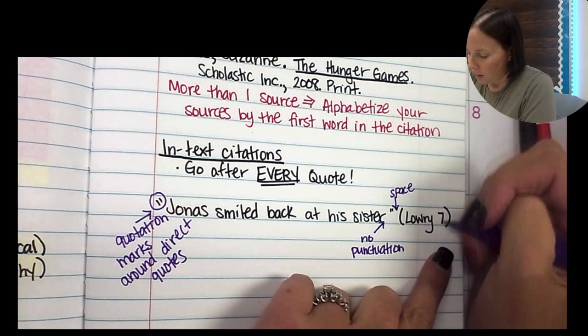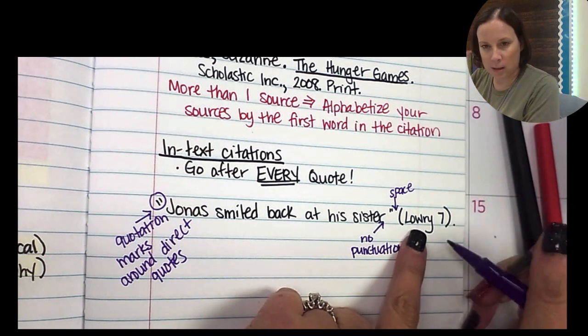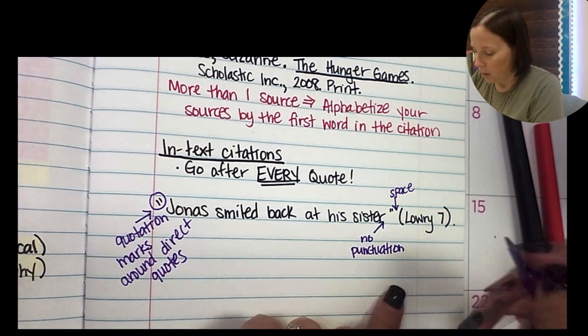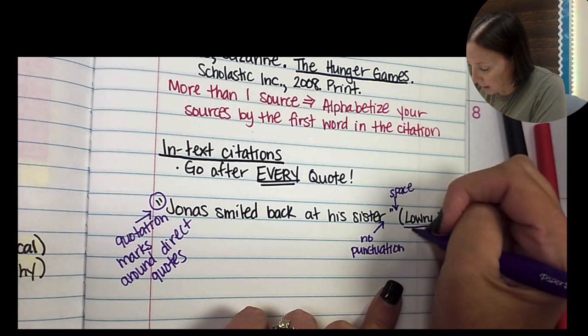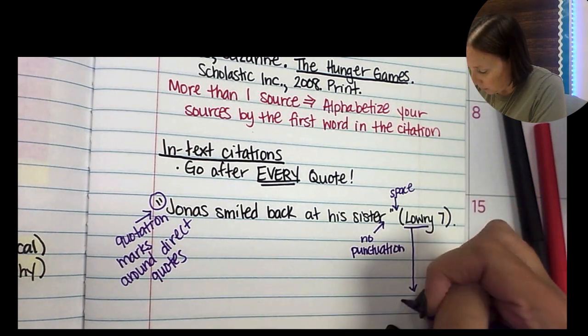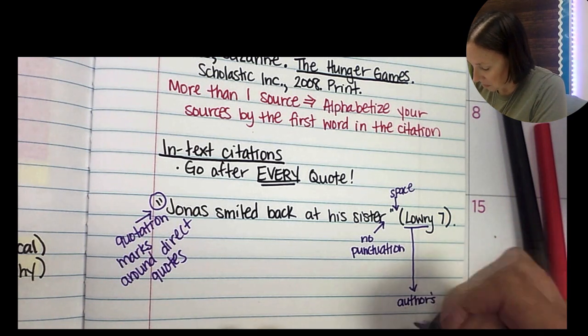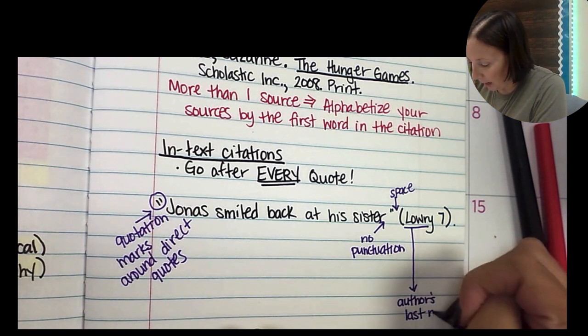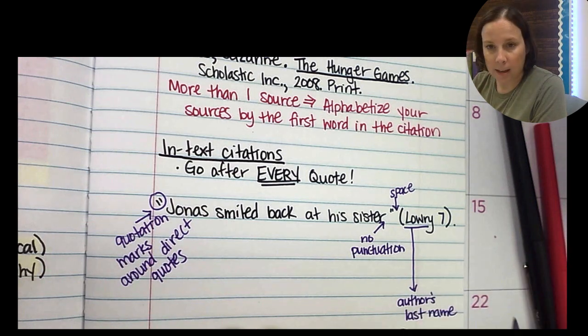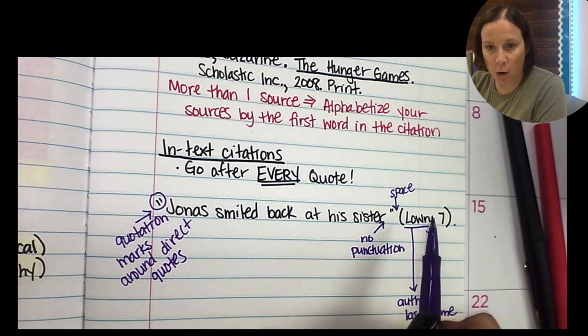Okay, now look here. Here's our author's last name, and this is the author's last name. Not a character's. Okay, this is not a character's name. This should be the author's last name.